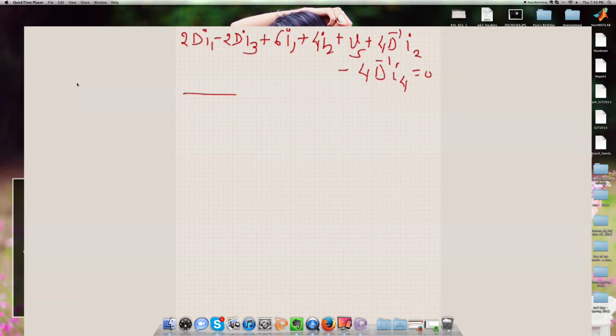Once again, we can group this conveniently the way we want it to express in the matrix.